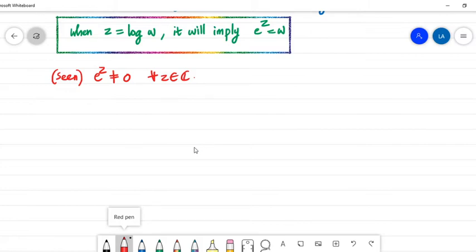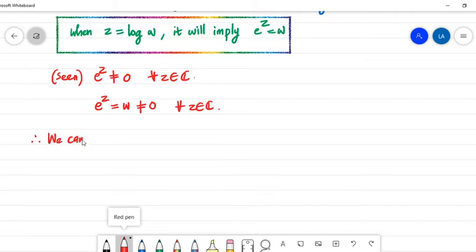Then e raised to z, which is equal to w, can never be 0, for every z belonging to C. Now, therefore, we get something.